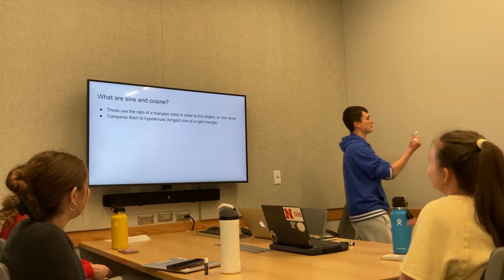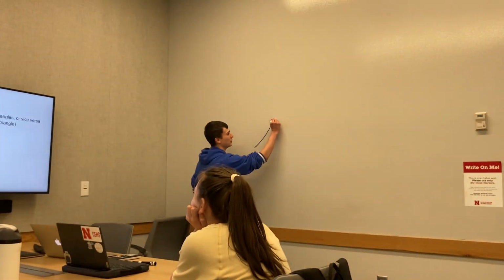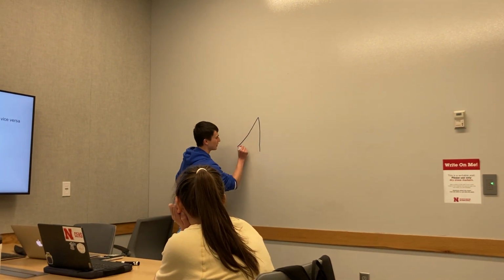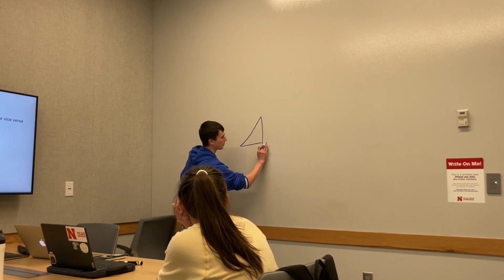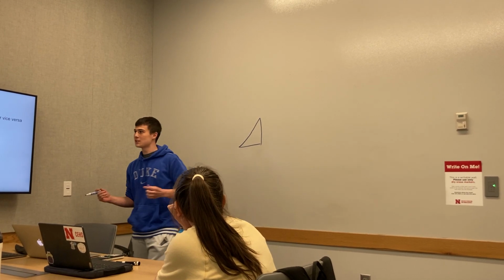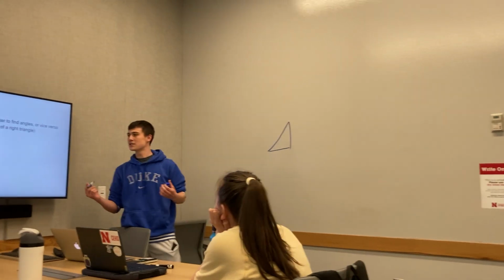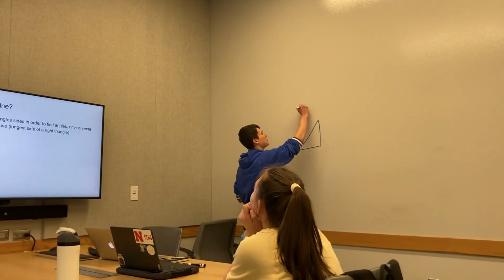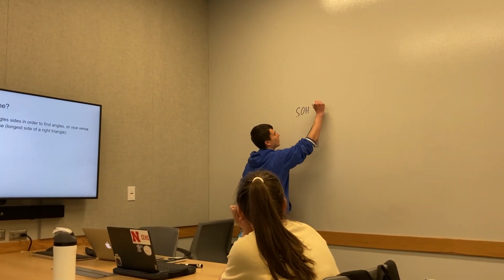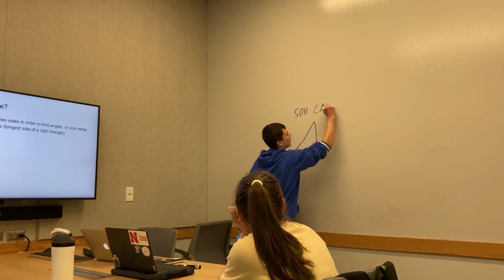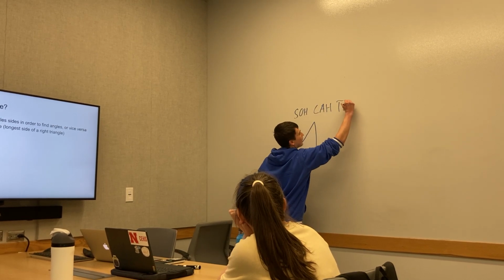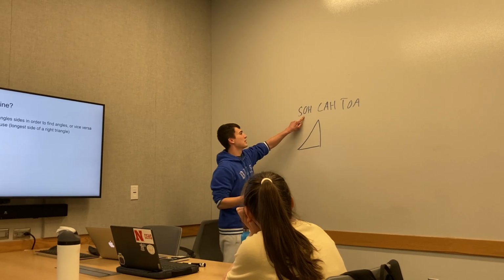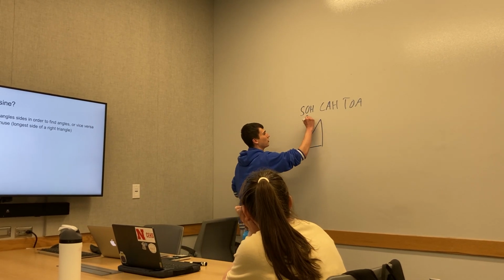So when we look at a right triangle, which is what involves sine and cosine, it is just simply the ratio of sides. So we've got the acronym SOH CAH TOA. And SOH stands for opposite over hypotenuse.